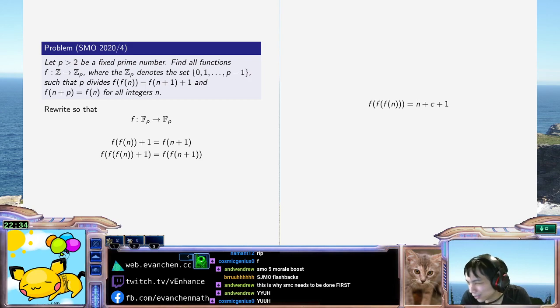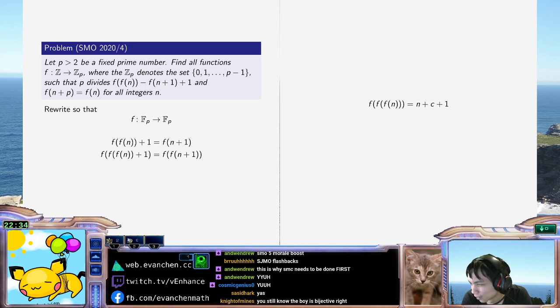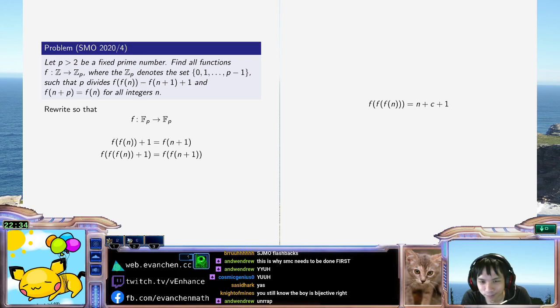Yeah, I don't think that helps. ff of n. Well, you can unwrap the right hand side a little. It's like f of n plus 2 minus 1.